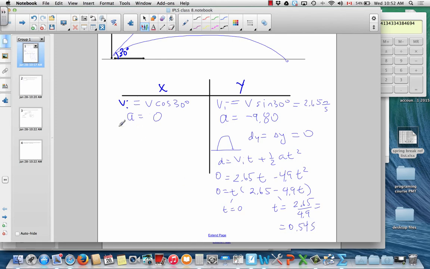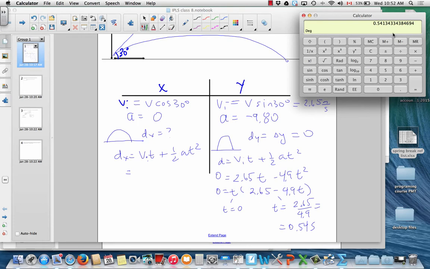So now we can come back over here and say, all right, the distance that the water stream traveled, that's the horizontal distance that we want there. And we can calculate that using the same displacement equation from physics 11. So we need the x speed. That is 5.305 times cosine 30, which is 0.866.